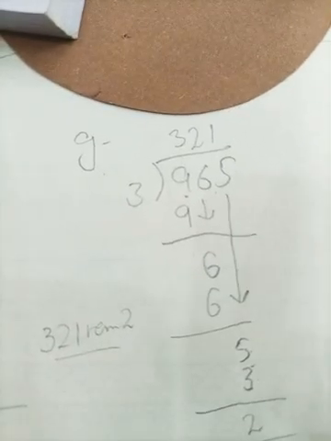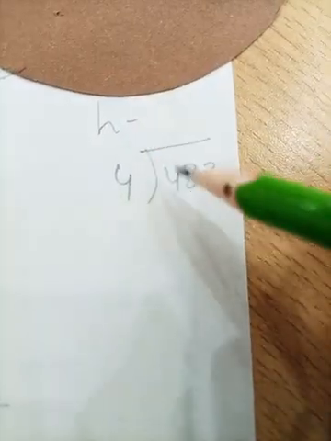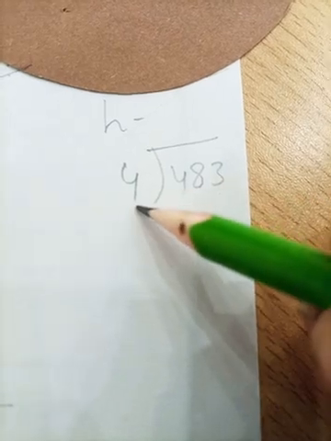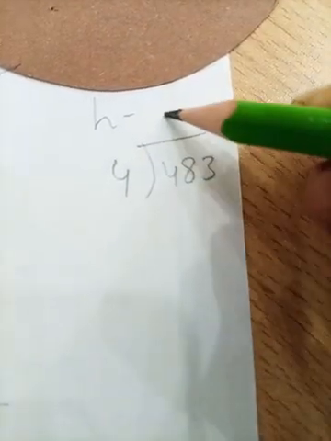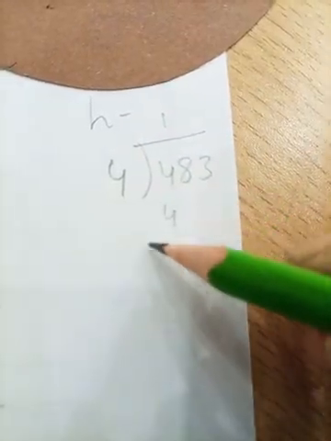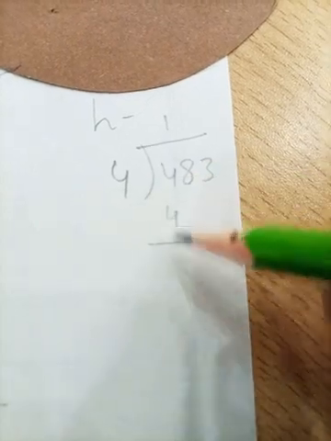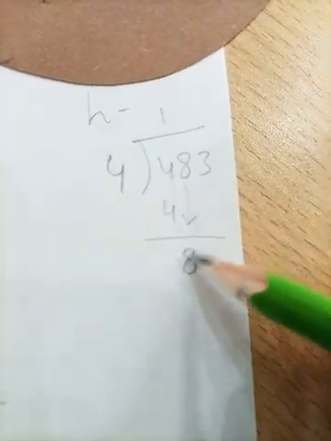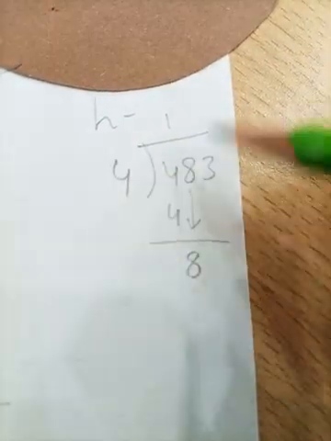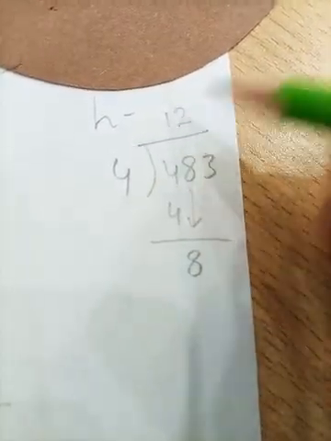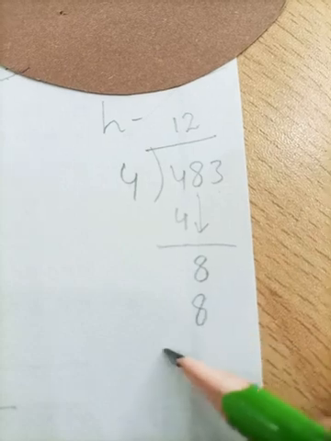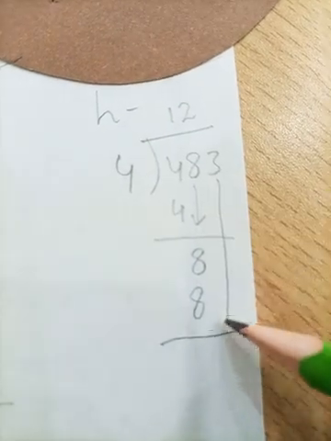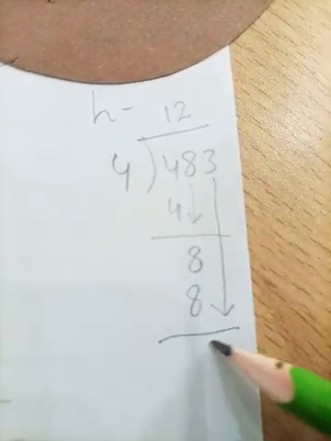Okay. Next is part H, in which 483 is being divided by the 4. So students, 4 ones are 4. Next, 4 minus 4, that is 0. So I will take the 8 down here. Now students, read the table of 4 till the 8. Yes, very good. 4 twos are 8. Next step is bringing the 3 down here.